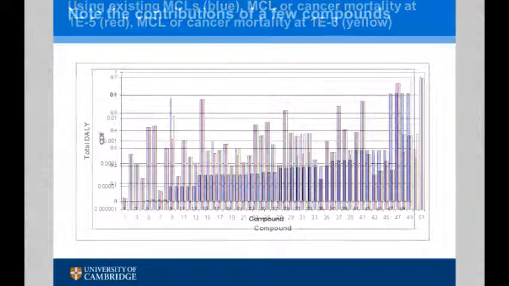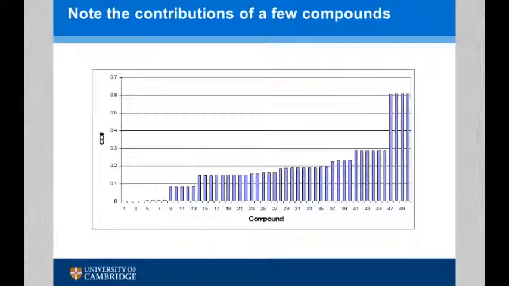And then finally, this slide for the risk manager looks at those 51 compounds, and what you're looking at here is the cumulative distribution function, not the probability density function, versus compound number. And what you can see here is that you get up to compound number 8, and there's almost no disability-adjusted life years so far, which therefore means you're not getting much benefit by reducing those compounds.